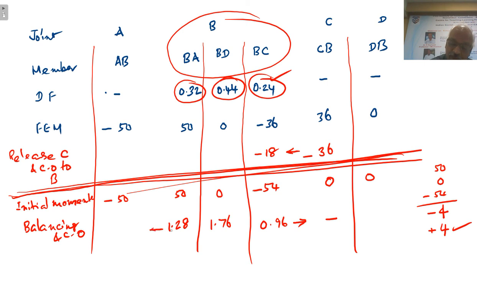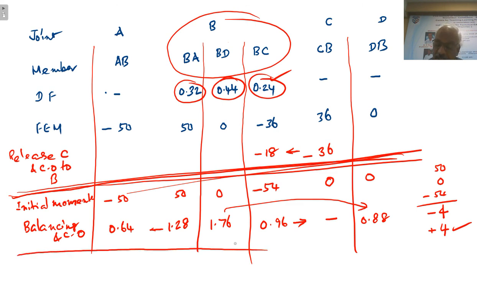And here 1.28 by 2 will be 0.64, and from BD there will be a carryover to DB. That value is equal to 0.88. Right. When these values are added, we'll get the final moments.